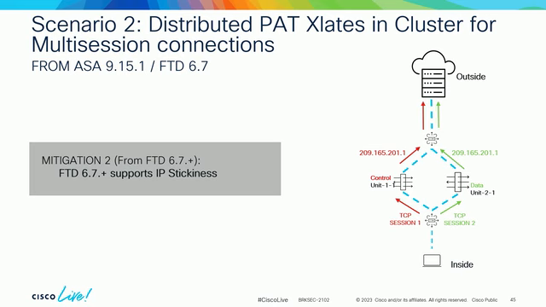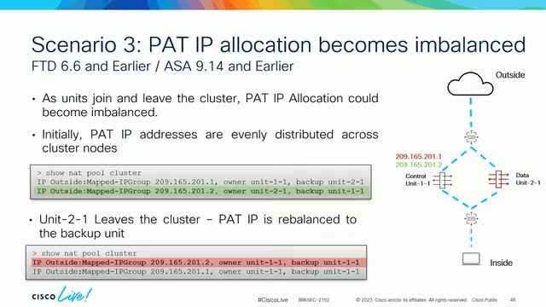And the third scenario is the PAT IP allocation becomes imbalanced. So initially, in a cluster running 6.6 or earlier, we have the PAT pool distributed across the units. In this example, the PAT pool is formed by two IP addresses, sorry.